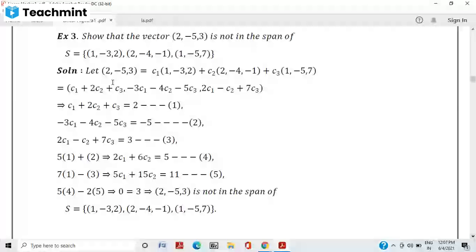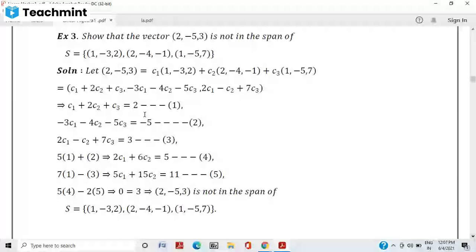That is the same as the vector (2, -5, 3). Then first equation: C1 plus 2C2 plus C3 is 2. Second equation: minus 3C1 minus 4C2 minus 5C3 equal to minus 5. Third: 2C1 minus C2 plus 7C3 equal to 3.